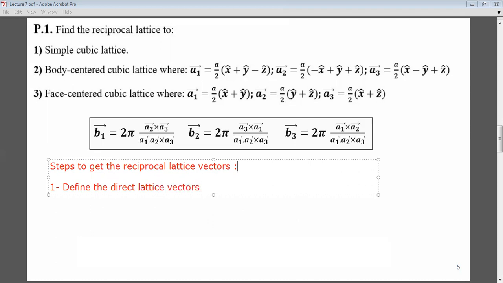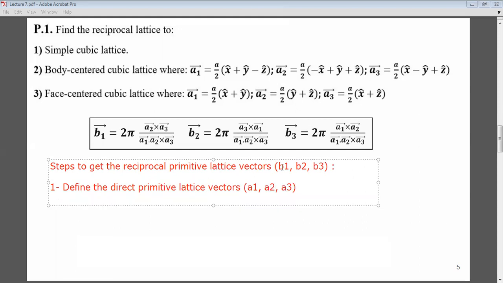These are the reciprocal primitive lattice vectors, and these are the direct primitive lattice vectors. So to get B1, B2, B3 in vector form, first define the direct primitive lattice vectors, that is A1, A2, and A3.